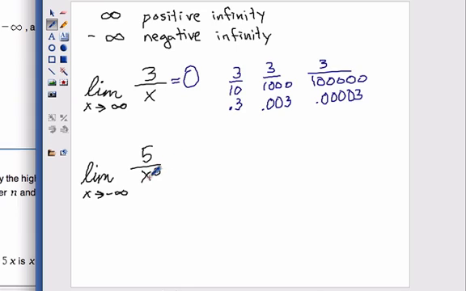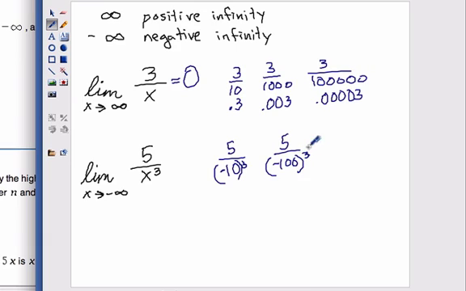And look at this value here. Same with this number here. As x is becoming bigger negatives, what's happening to this number? So 5 over, again, we could say, 10 to the third, compared to 5 over negative 100 to the third, because we're talking about bigger negatives.